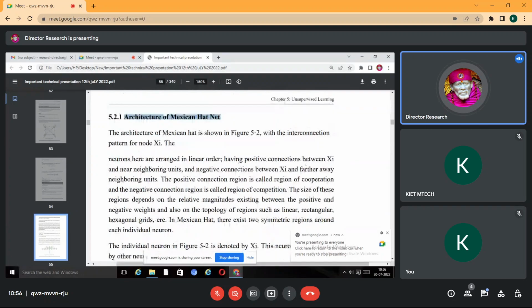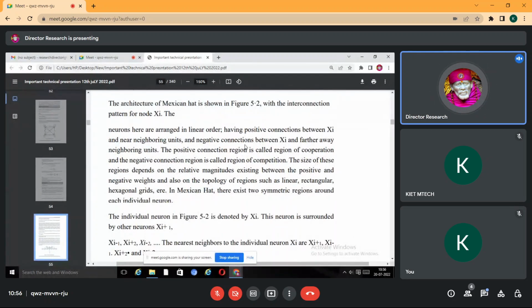The architecture shows interconnection patterns of node Xi. The neurons here are arranged in linear order, having positive connections between Xi and near neighboring units, and negative connections between Xi and further away neighboring units. The positive connection region is called the region of cooperation, and the negative connection region is called the region of competition.